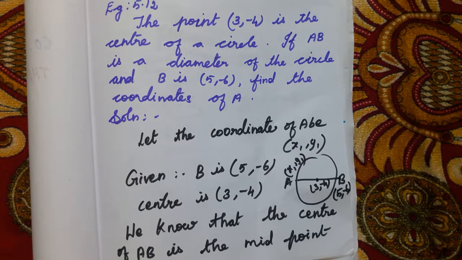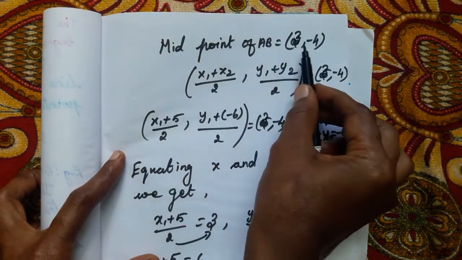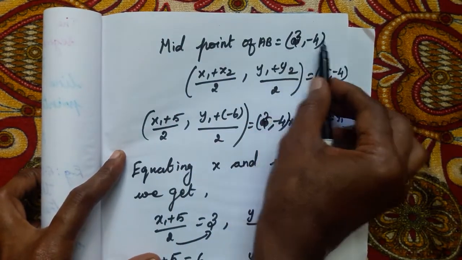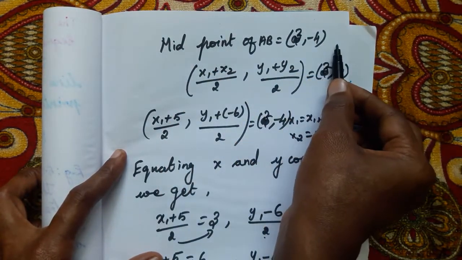We know that the center of the diameter AB is the midpoint of AB. So, the midpoint of AB is equal to 3, minus 4.